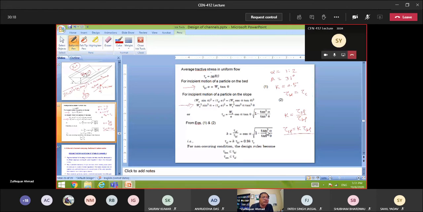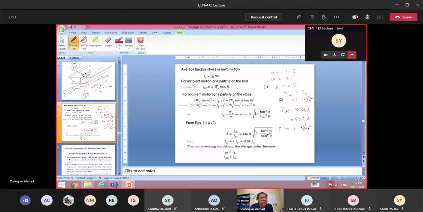This means that tau SL will be equal to k times tau BL, and k is equal to 0.5 and tau BL equal to 2.2, so this comes out to be 1.1 Newton per meter square.